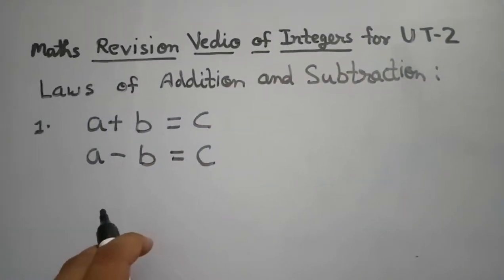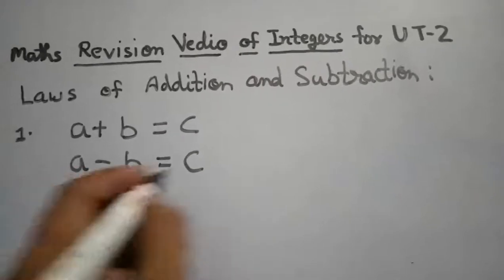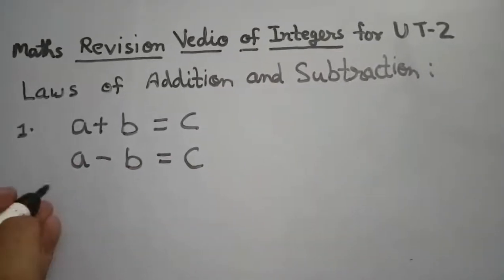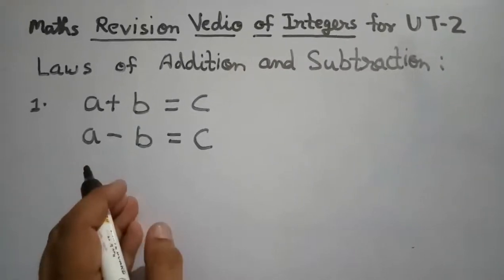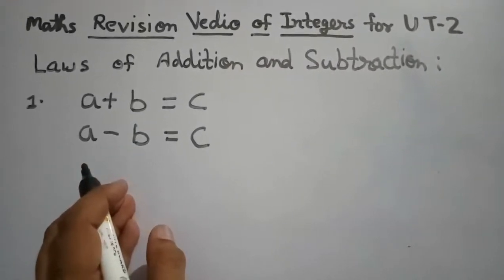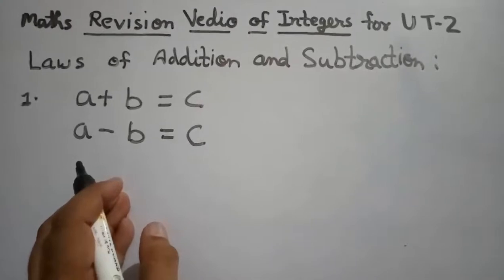This is the closure property. The closure property is that if we add two or more integers, the result will also be an integer.